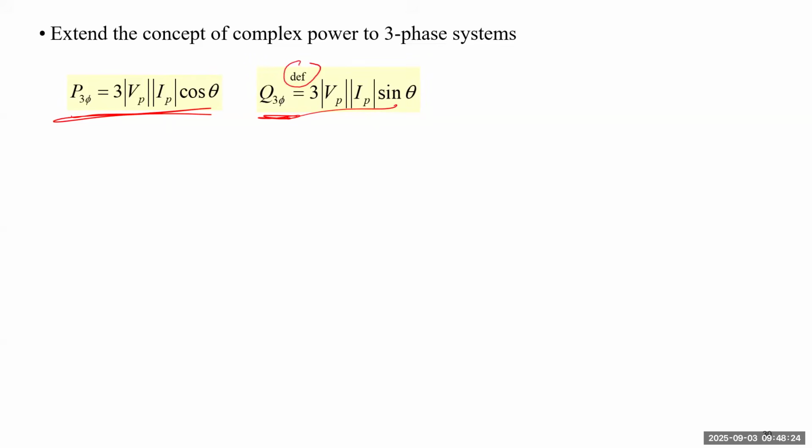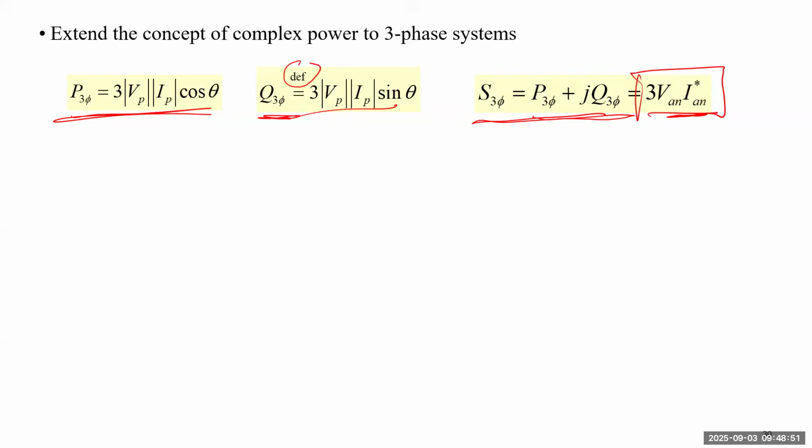We define it in this way, which means we can put P3 phase and Q3 phase into the real and imaginary parts. So we will get the complex power for a 3-phase circuit. To calculate this 3-phase complex power, you can calculate the complex power for each single phase, then multiply that by 3. Okay, so this is the correct formula to calculate the 3-phase complex power.